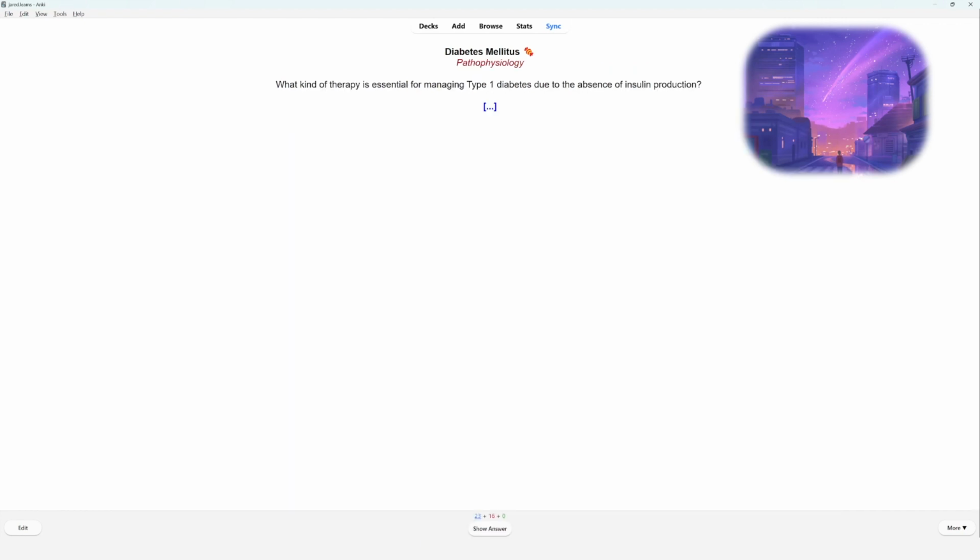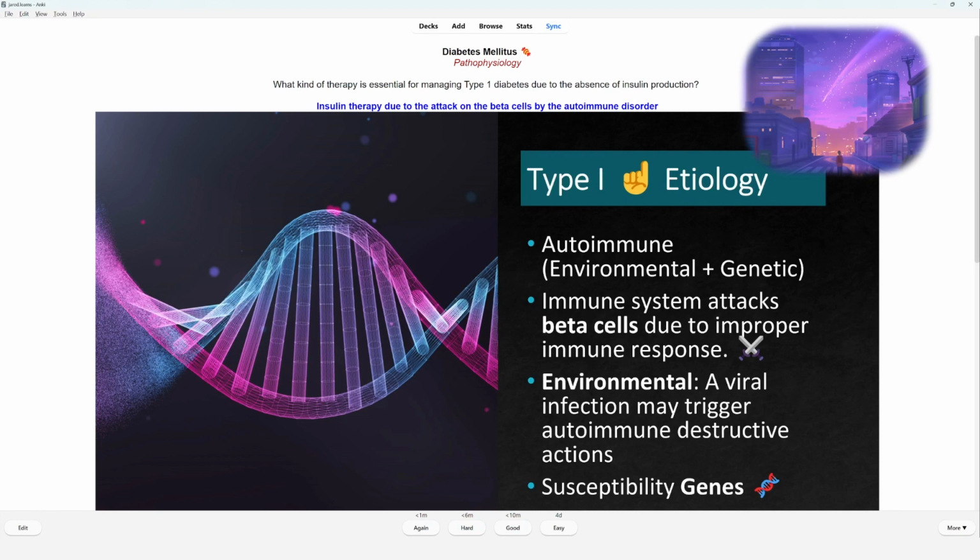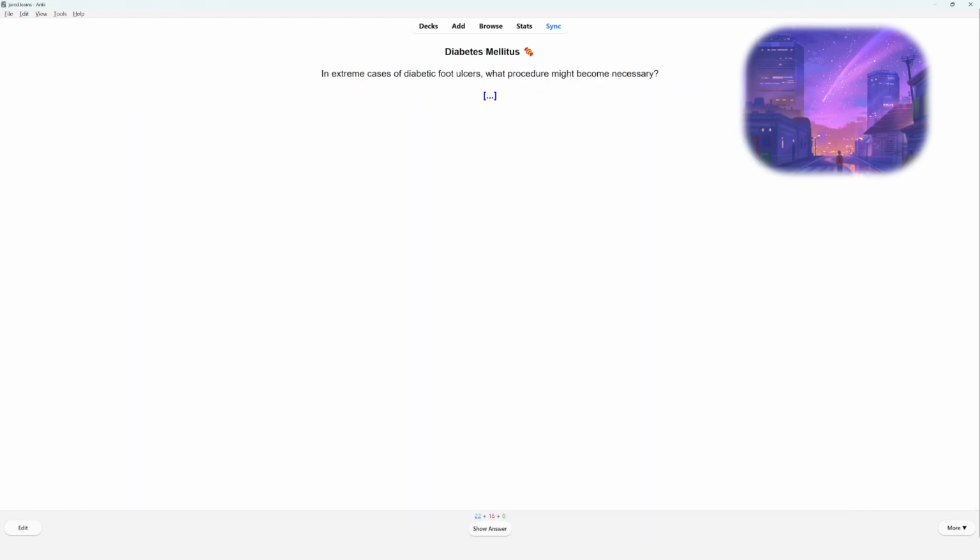What kind of therapy is essential for managing type 1 diabetes? They're always going to be on insulin therapy all their life because their beta cells are not able to produce insulin like it should. In extreme cases of diabetic foot ulcers, what procedure might become necessary?